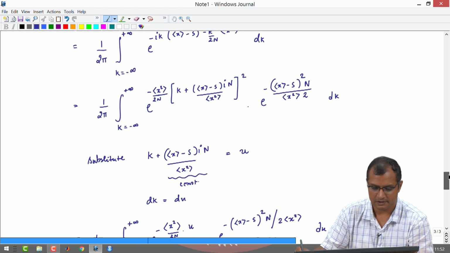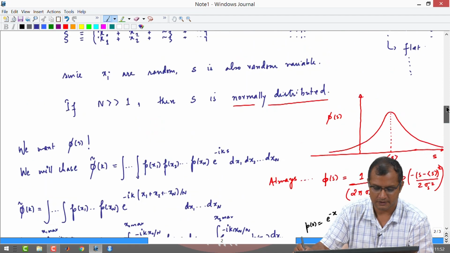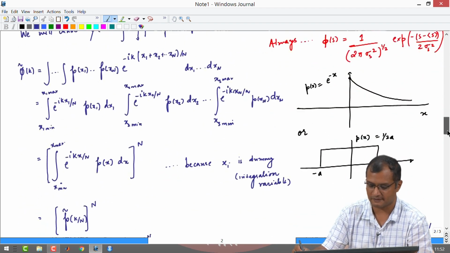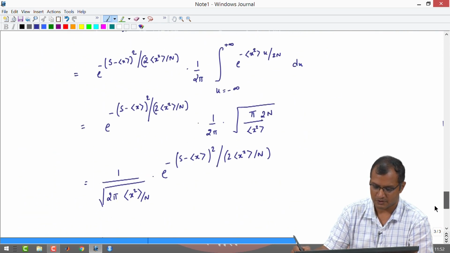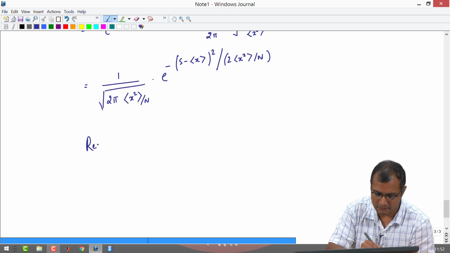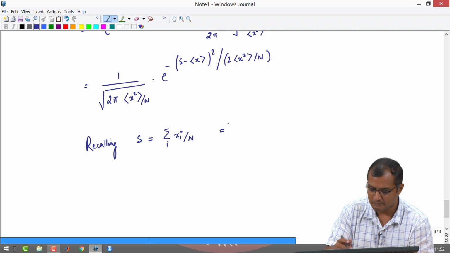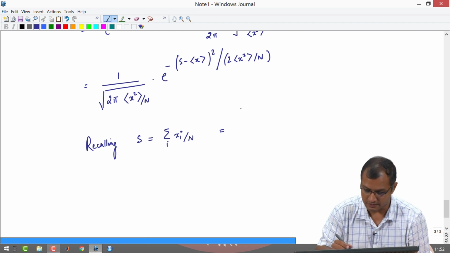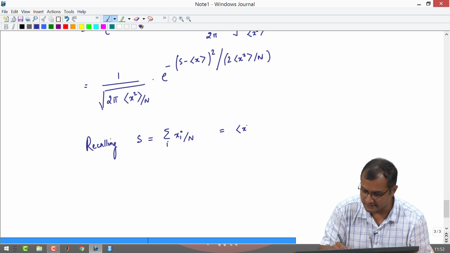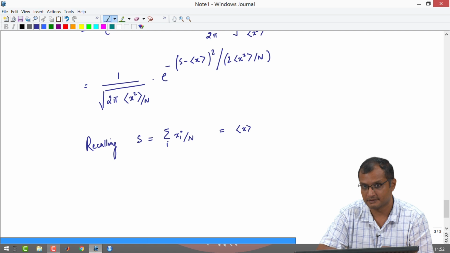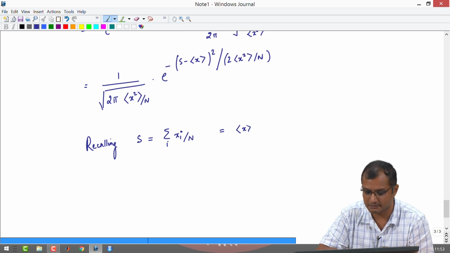And if you see the way we have defined our variable, s is nothing but all the summations of x divided by n. So if you recall, s itself was summation of xi by n. So if I take a mod on both sides, okay, this is already nothing but mod of x, that is the average value of x, because summation xi by n is mod of x.